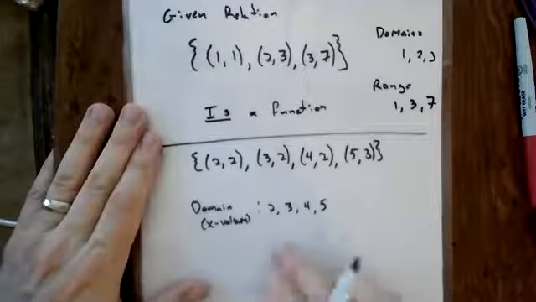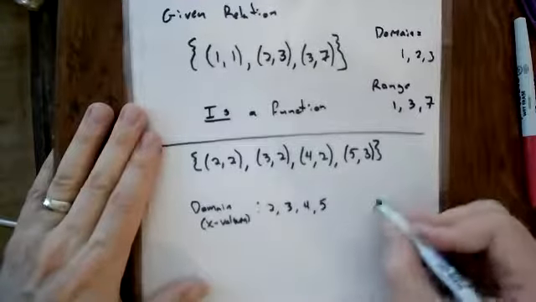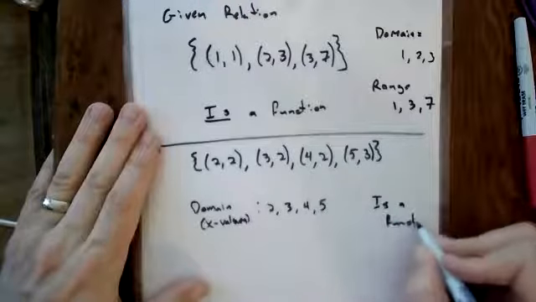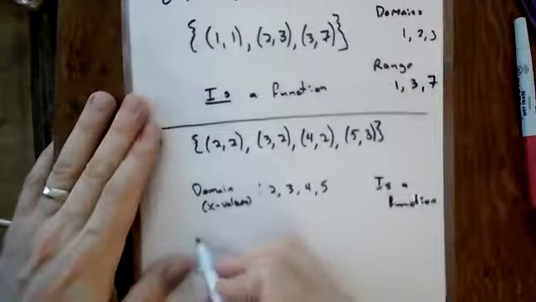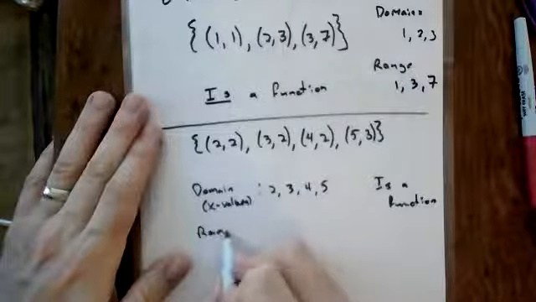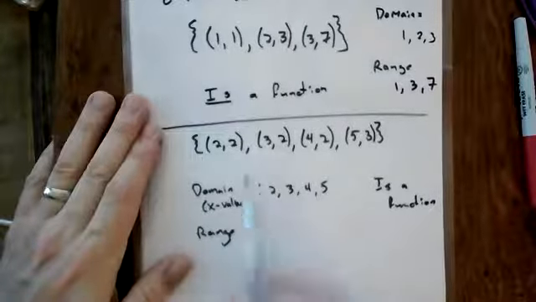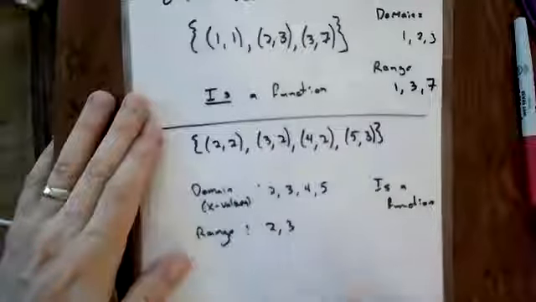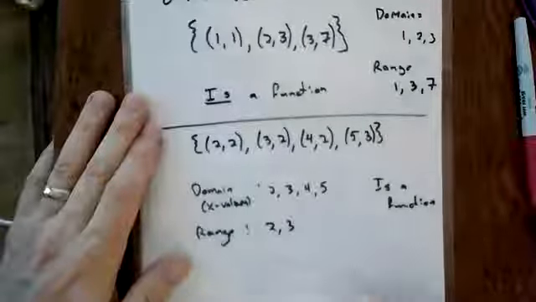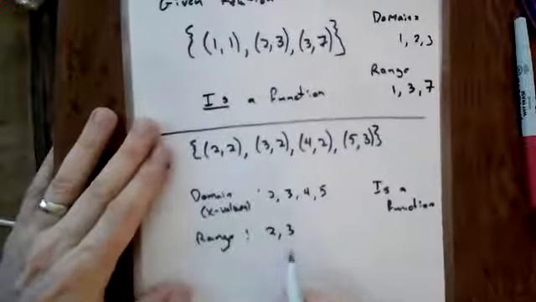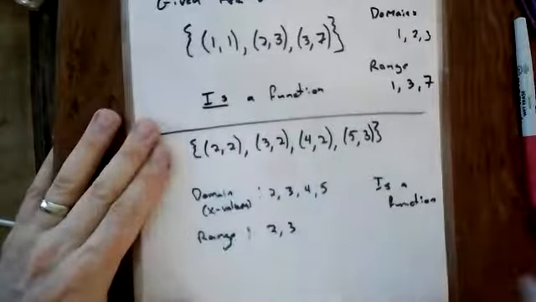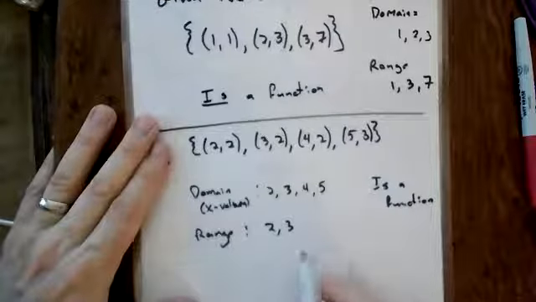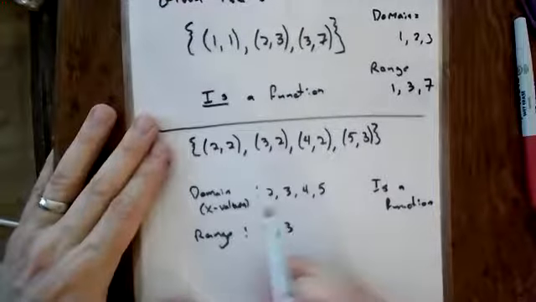So just like that, I can tell you that this is a function. My range is 2 and 3. I've doubled up on some of these, and that can happen. It doesn't matter that my range doubles up. It only matters if my domain doubles up.